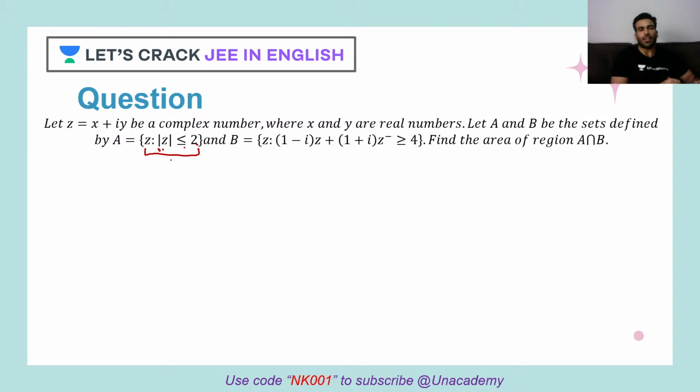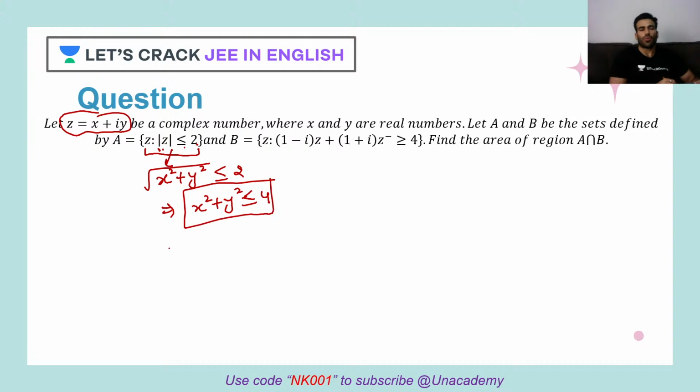If you can't imagine it, put the modulus of this number; it is lesser or equal to 2. It is talking about a circle whose radius is 2, and all the points inside this circle.